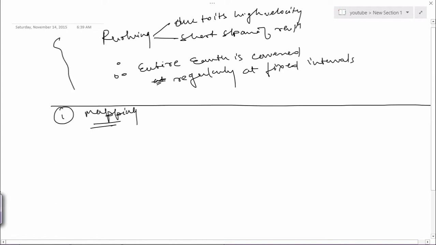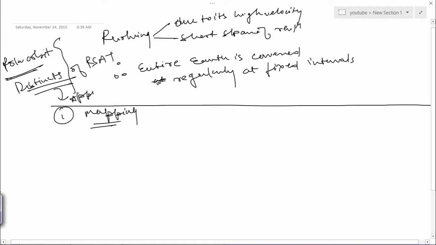So that was all about the polar orbit. We covered the distinct features of this RSAT, and now we are getting into the application part.